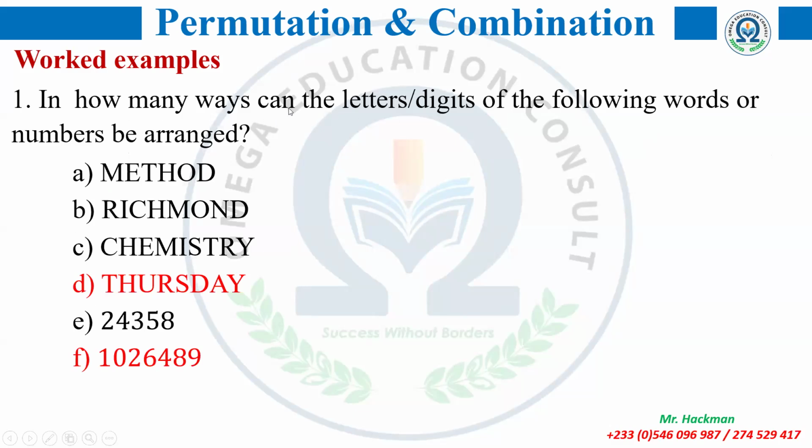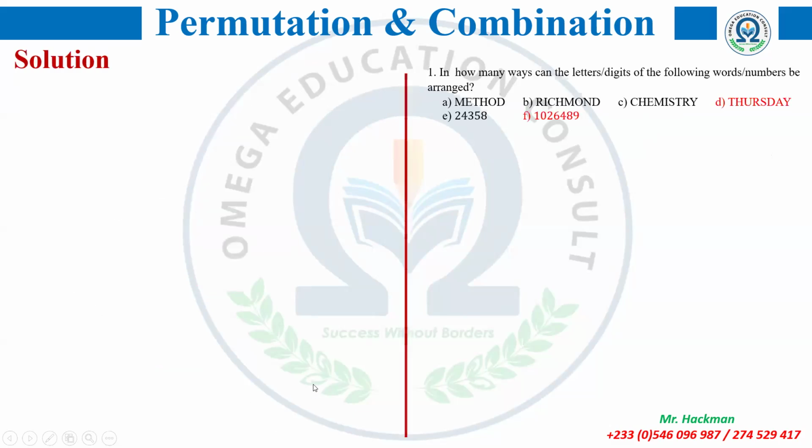Again, in how many ways can the letters or digits of the following words or numbers be arranged? The same concept that we used applies, only that now we look at whether we are taking part of them or arranging all of them. Solution to question 1, the first minor, A. Method: first of all, let's check whether our objects are distinct.